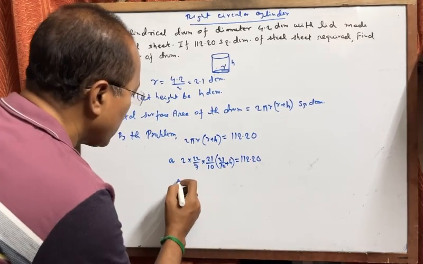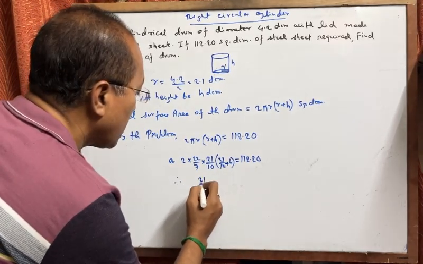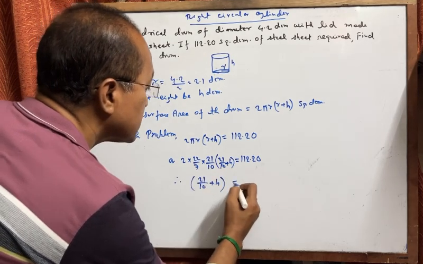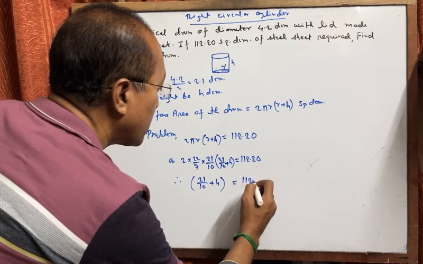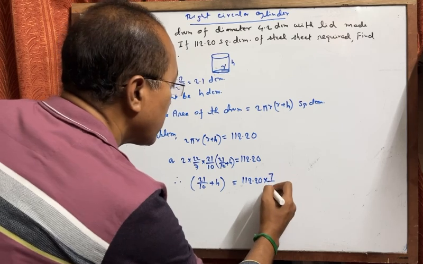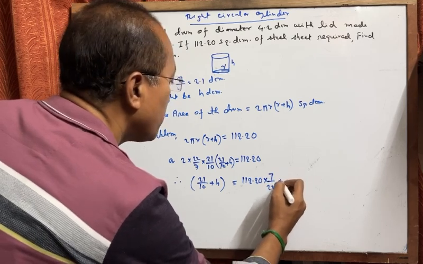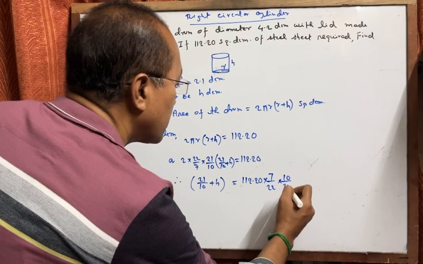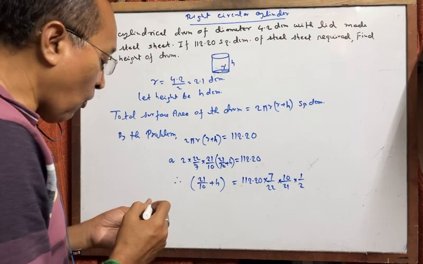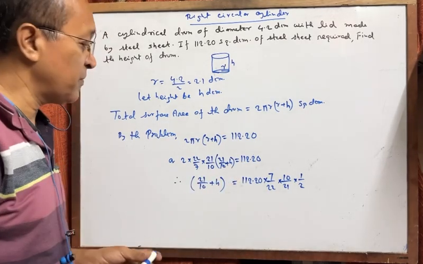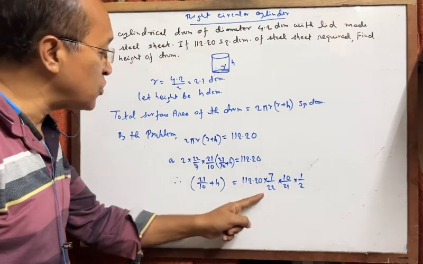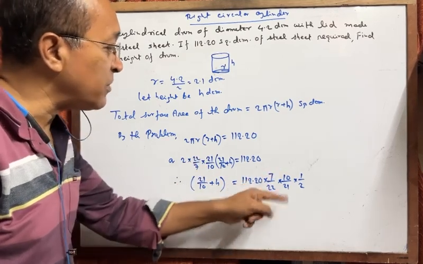Now we can write 21 by 10 plus h is equal to 112.20 into 7 by 22 into 10 by 21 into 1 by 2. Just all these data are being reversed: 2 becomes 1 by 2, 22 by 7 becomes 7 by 22, and 21 by 10 becomes 10 by 21, right?